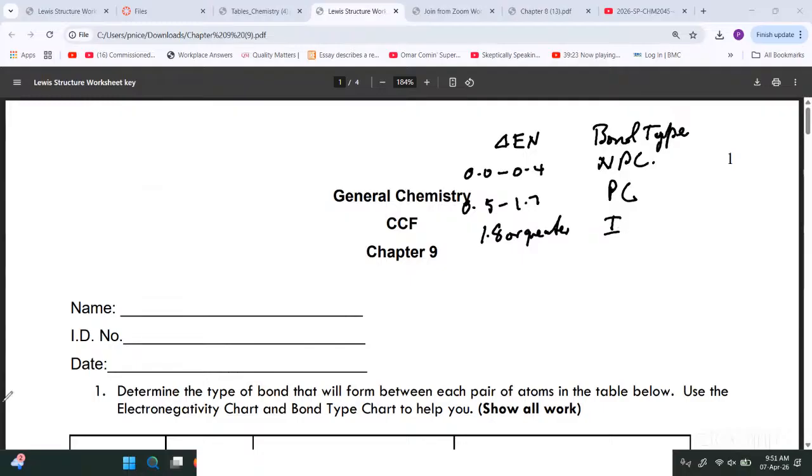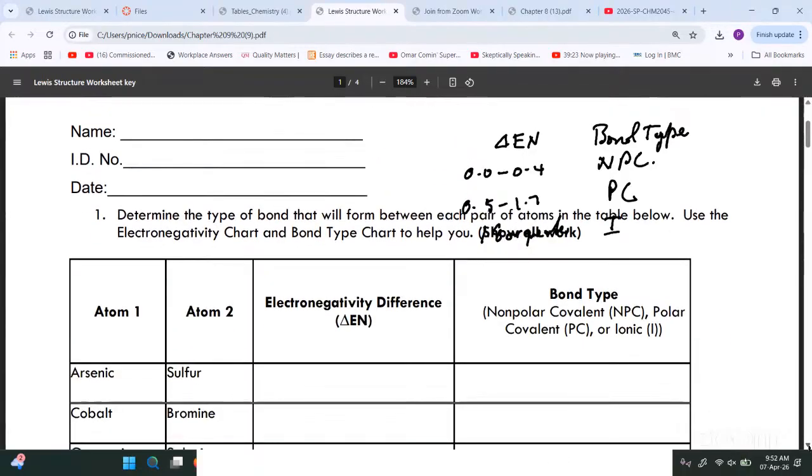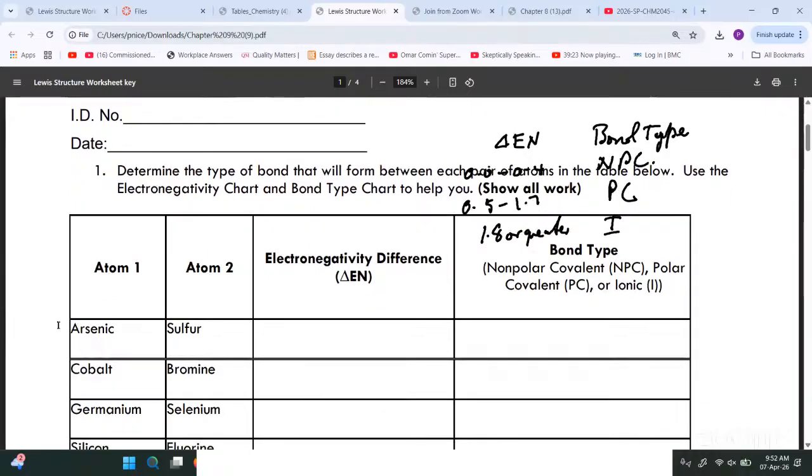All right. With that said, we can now look at question number 1 in this assignment, where they gave you two different atoms, atoms 1 and 2, and you're to calculate the electronegativity difference between them using that chart. Then you tell whether the bond involved is nonpolar covalent, polar covalent, or ionic.